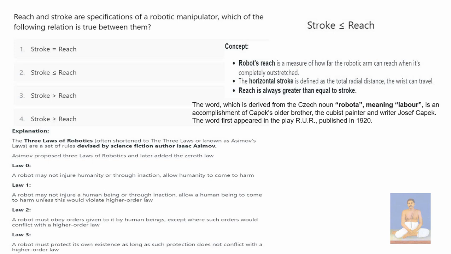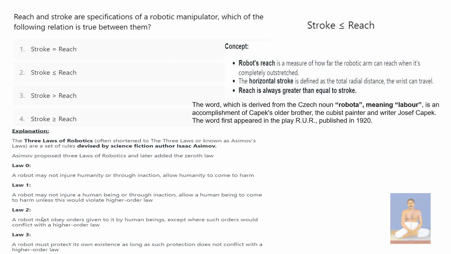If we come to the 3 laws of robotics, often shortened to the 3 laws, known as Asimov's laws, a set of rules defined by science fiction author Isaac Asimov, he proposed the zeroth law: a robot may not injure humanity or, through inaction, allow humanity to come to harm.